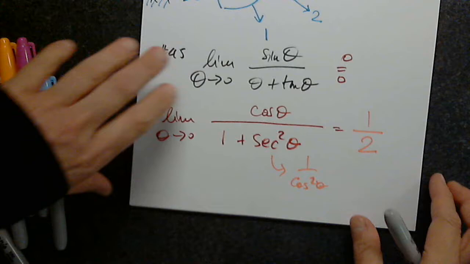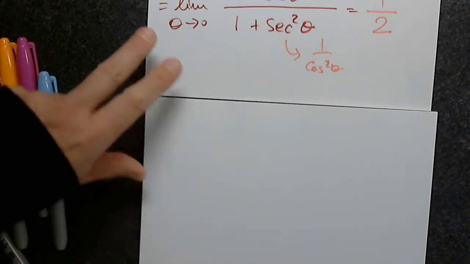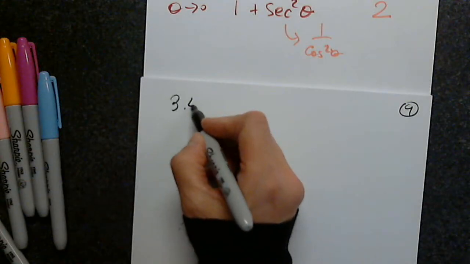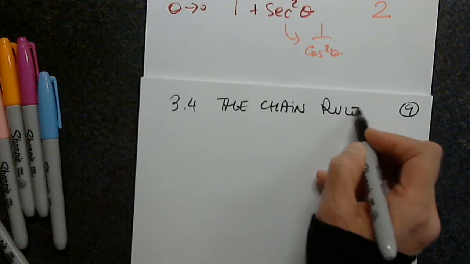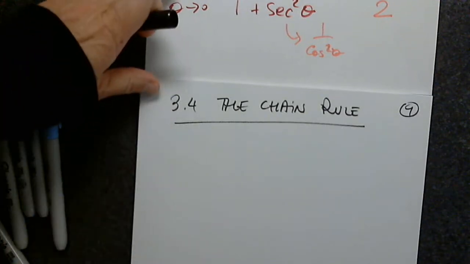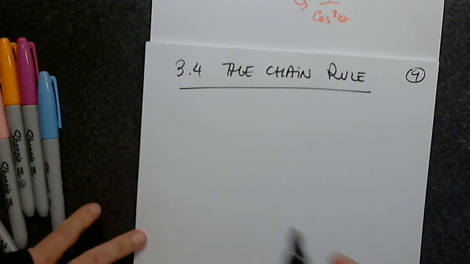Okay, so we know we have two major rules. One of them is the product rule, and the other one is the quotient rule. Okay. Let's move on to 3.4, the chain rule. Okay, so there are two major ideas here.